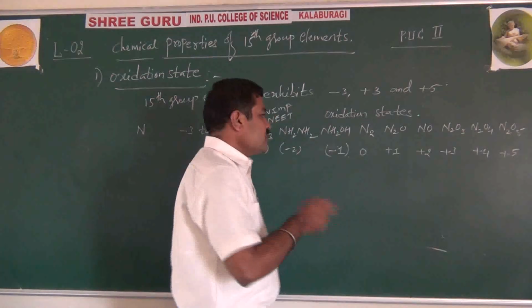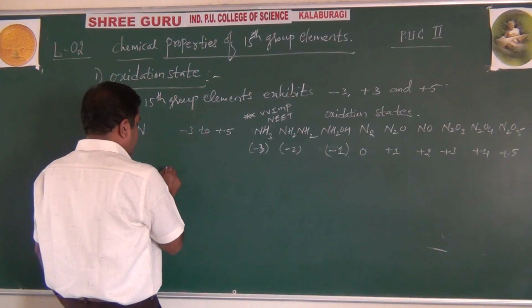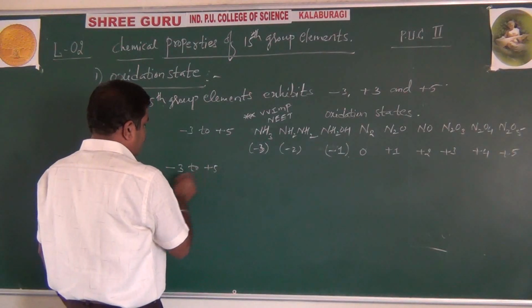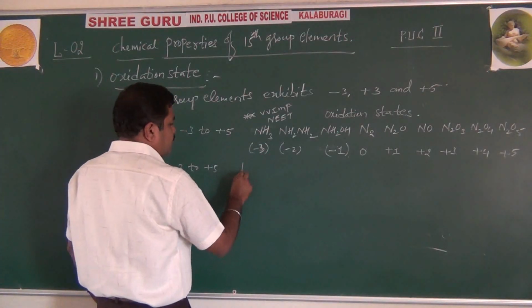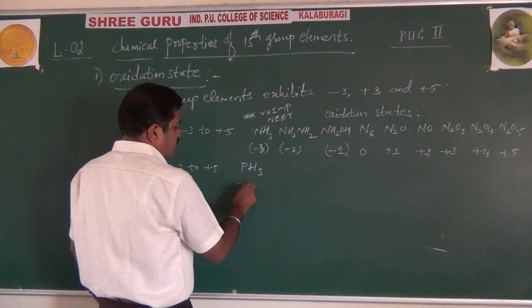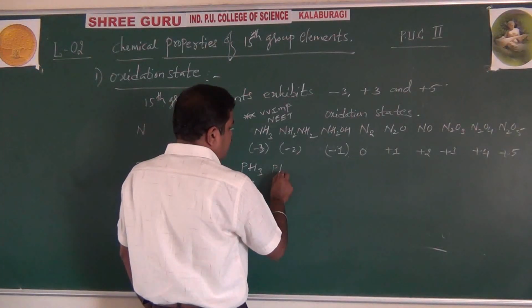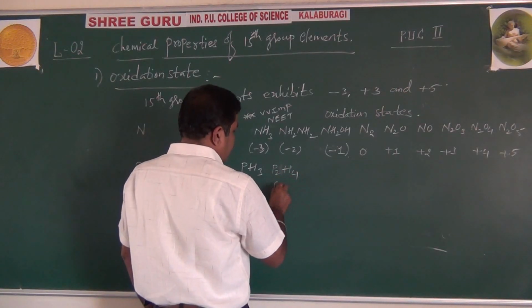Okay, this is nitrogen. Like this, phosphorus also shows -3 to +5, but not really so many. It has phosphine, PH3, -3. Then P2H4, -2.